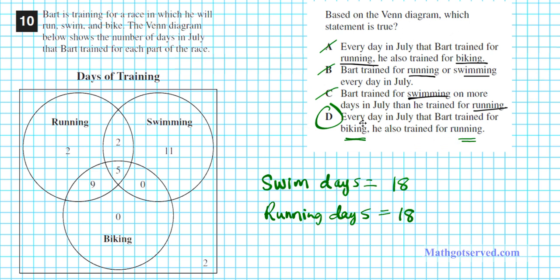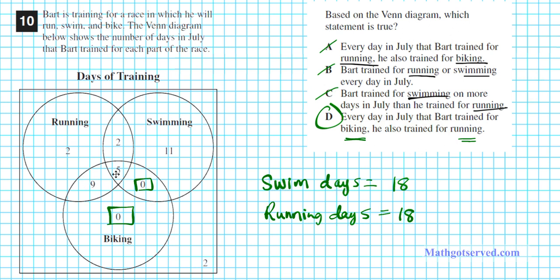Okay, so there isn't any day that Bart biked alone. So if you look at this Venn diagram right here, how many days did Bart spend biking alone? 0 days. Okay? How many days did Bart spend biking and swimming only without running? 0 days.